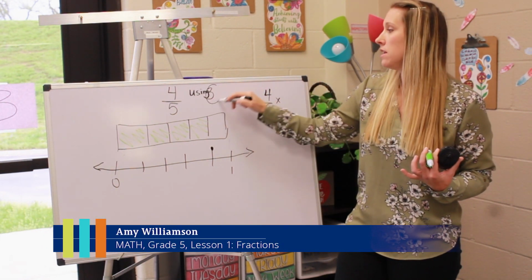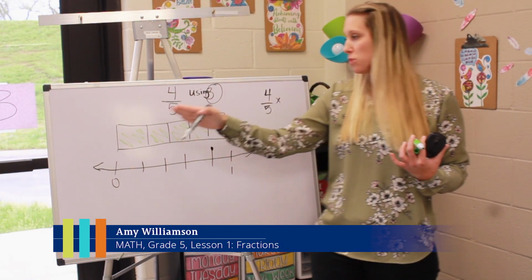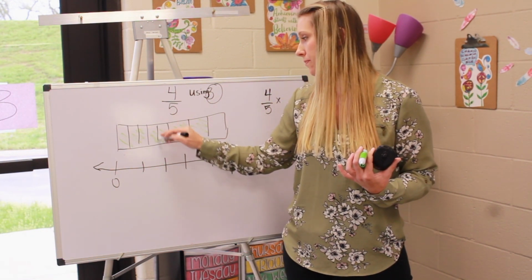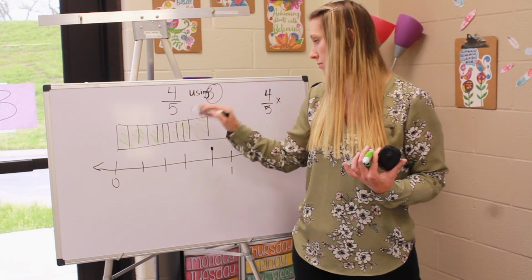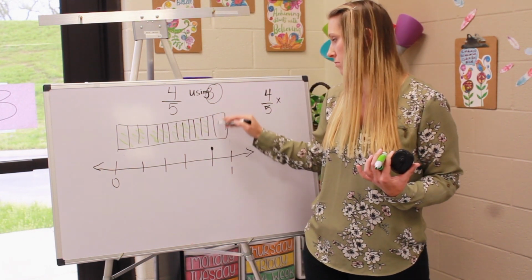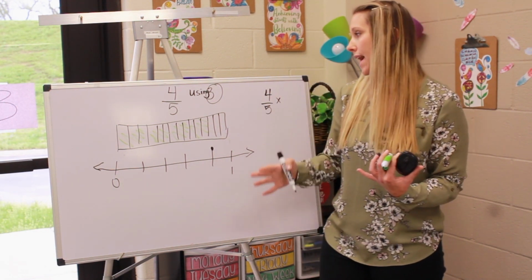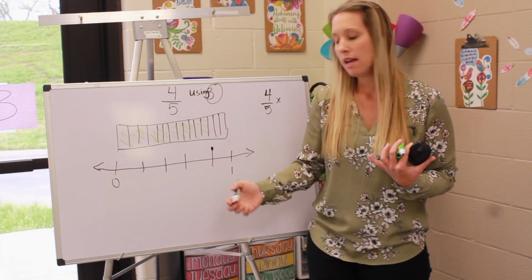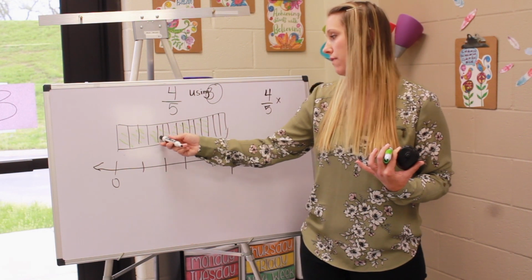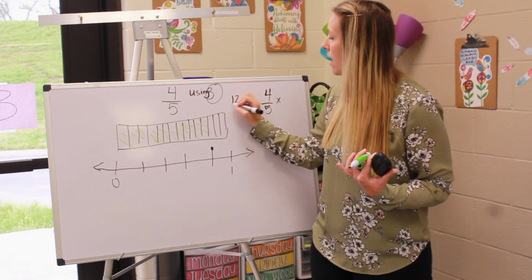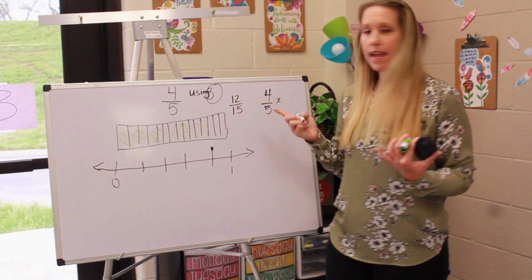Since we were using the number 3, we know that each part needs to be cut into 3. So 1, 2, 3. So now, instead of 5 pieces, we have 15 pieces. And there are 1, 2, 3, 4, 5, 6, 7, 8, 9, 10, 11, 12. 12 out of 15 shaded in.